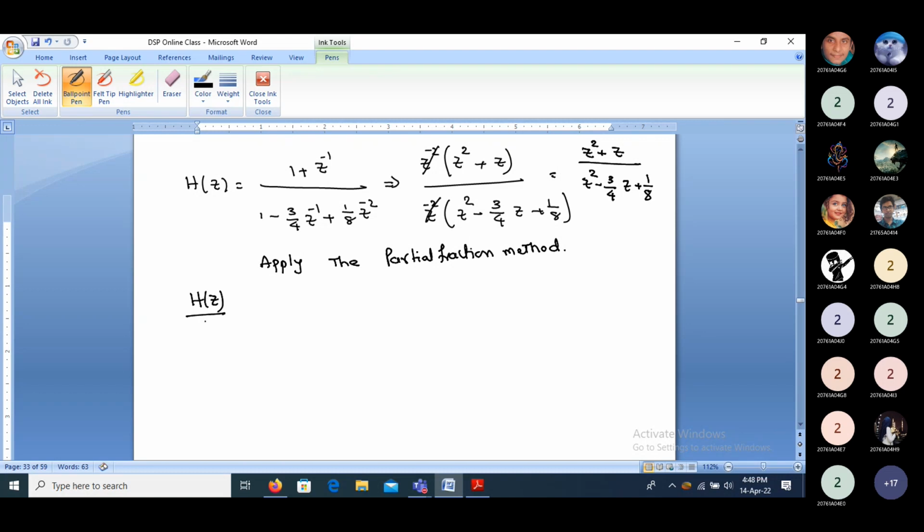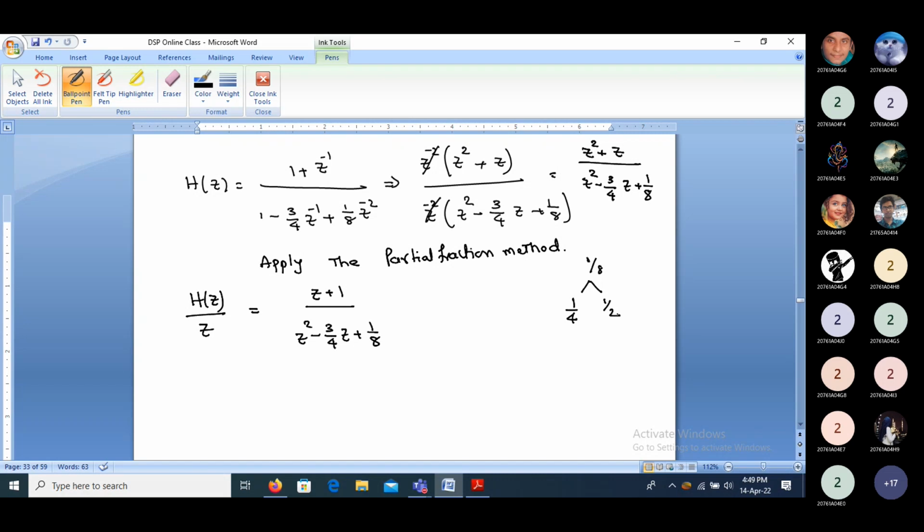That is H(z) divided by z is equal to z plus 1 divided by z square minus 3/4 into z plus 1/8. I think all of you know the roots: 1/4 and 1/2 are the roots for this.